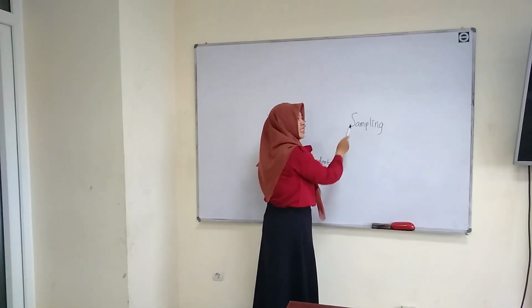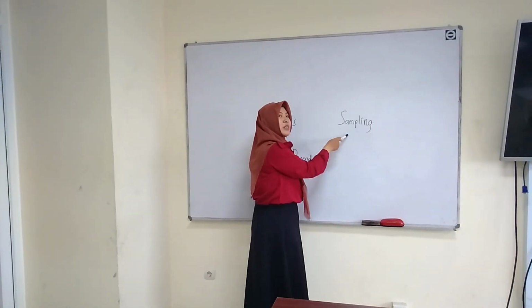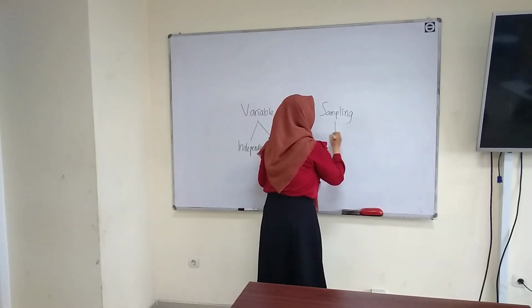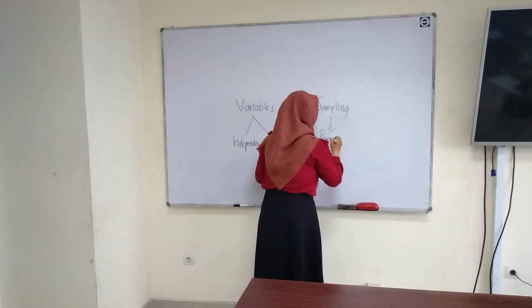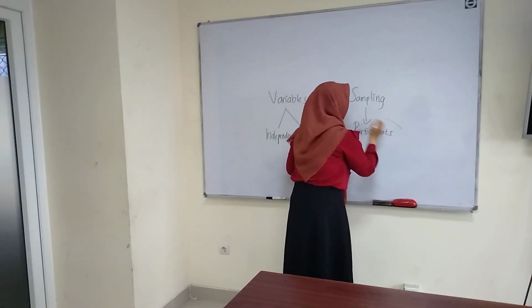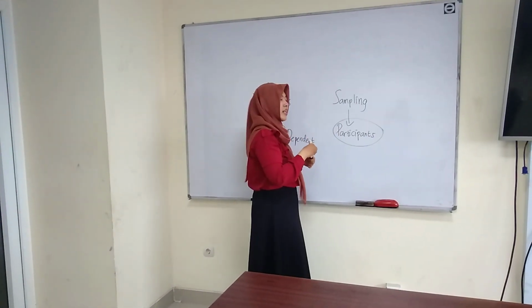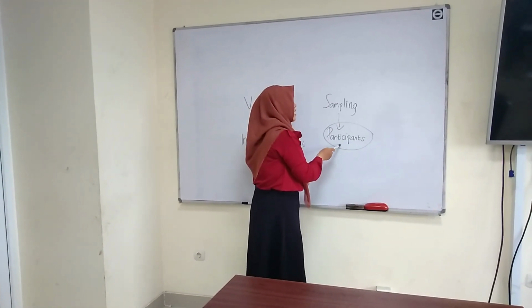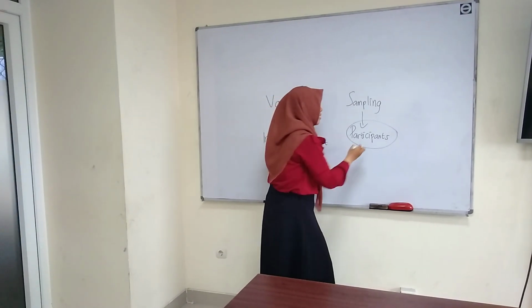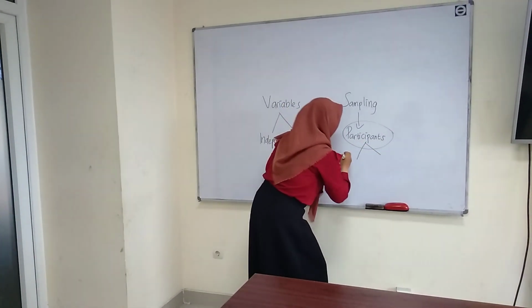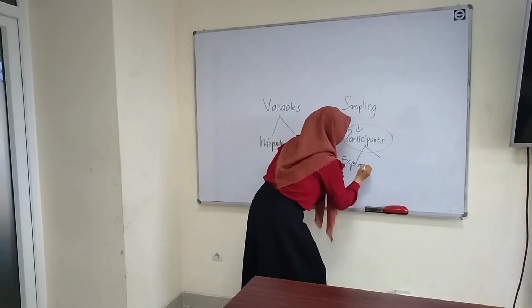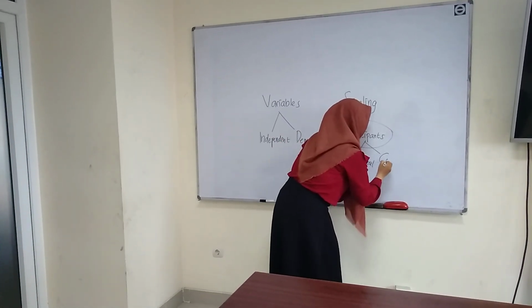The second one is sampling, an important thing that is related to experimental research. In sampling we have participants who are involved and included in the experimental research. We can divide participants into experimental groups and control groups.